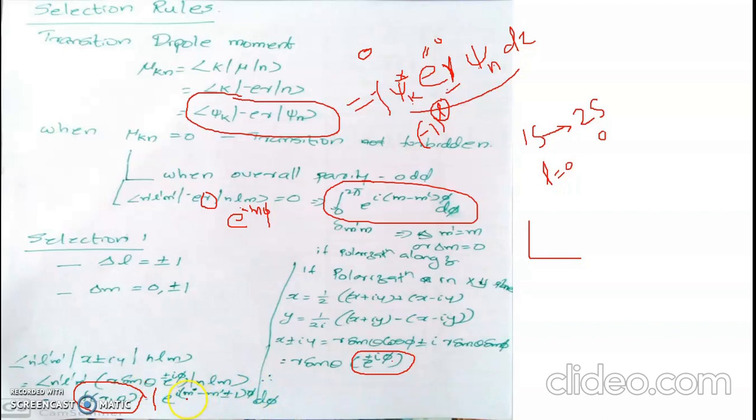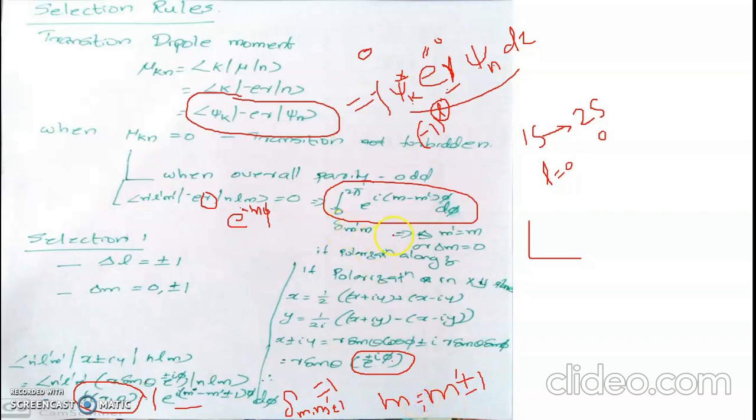Now, under what kind of situation will this not be equal to 0? This can be written as a Kronecker delta, m comma m prime plus or minus 1. This Kronecker delta will be equal to 1 when m and m prime plus or minus 1 are equal.